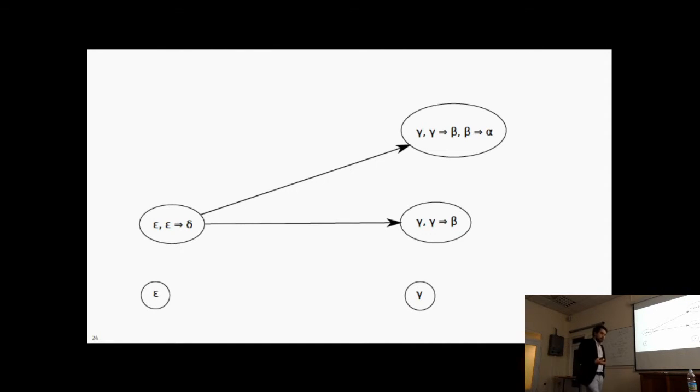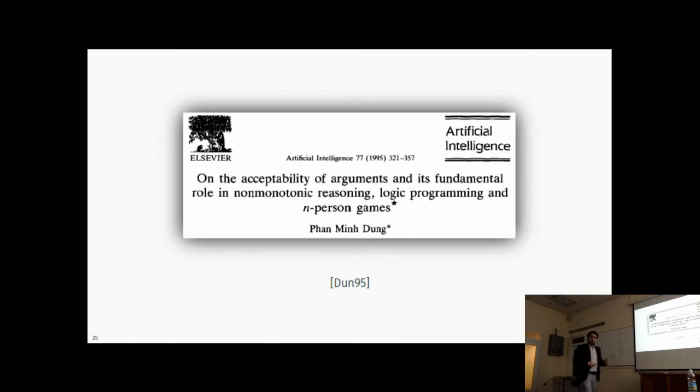Now, this idea of a graph representing arguments and attacks is at the basis of abstract argumentation. If you now forget about what is written inside the nodes, and just consider those nodes as the important bit, then you have what in 1993 was defined as an abstract argumentation framework.